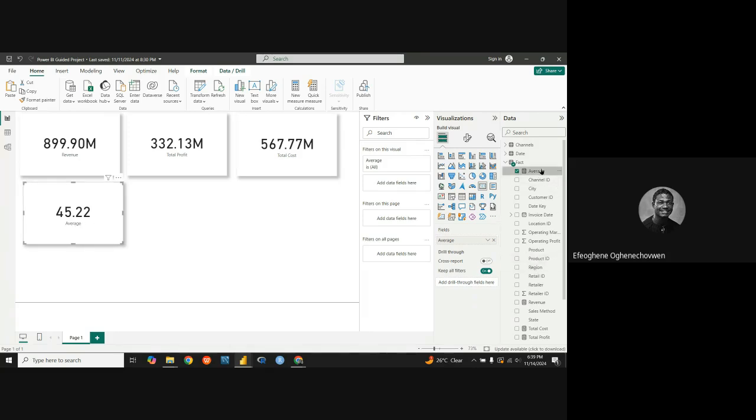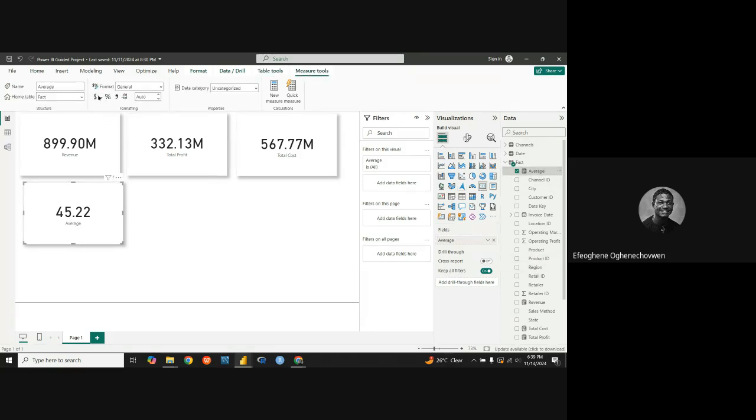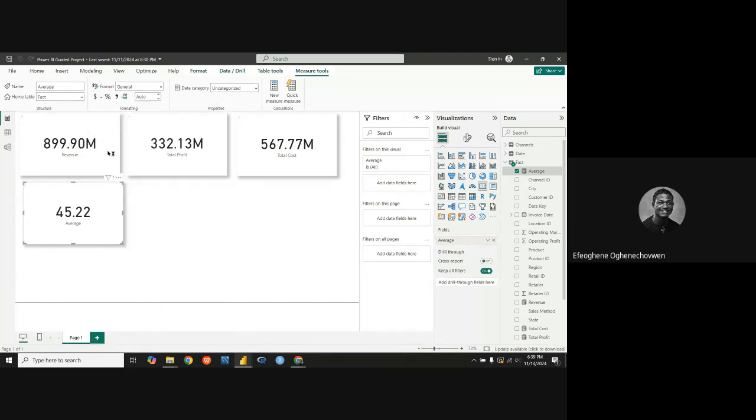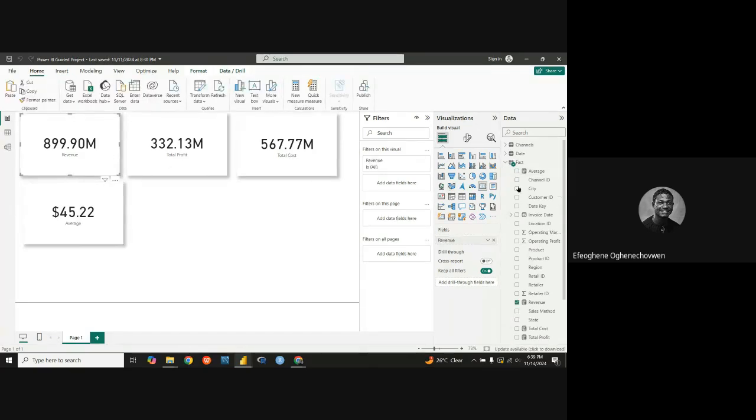Okay, so we can come over and format this as currency. And then you can also format this.